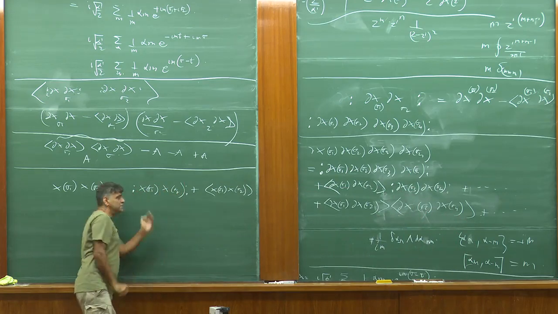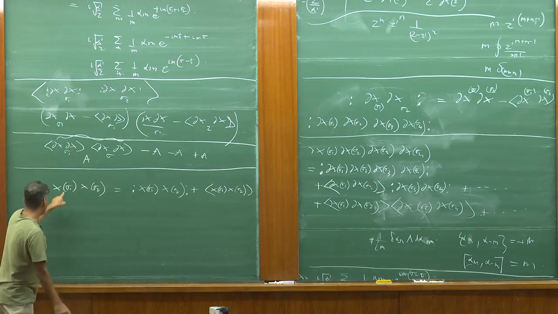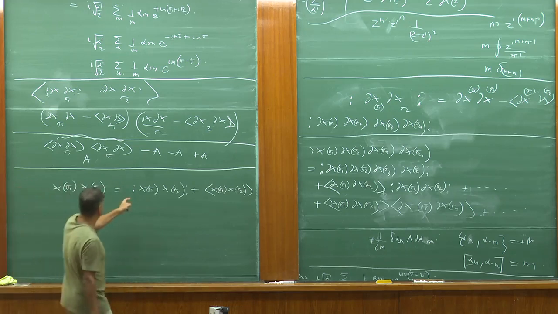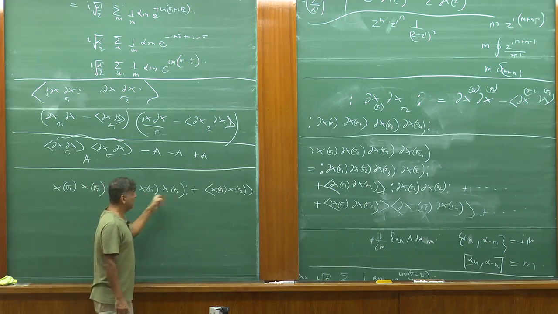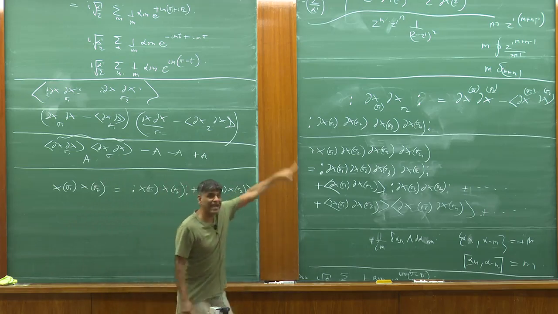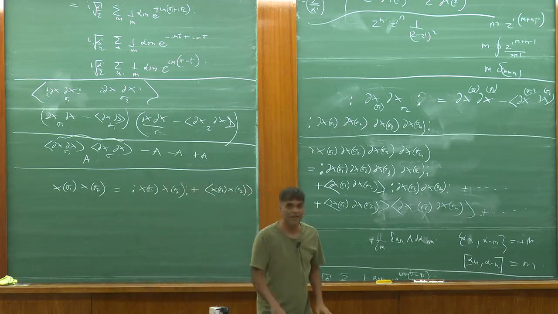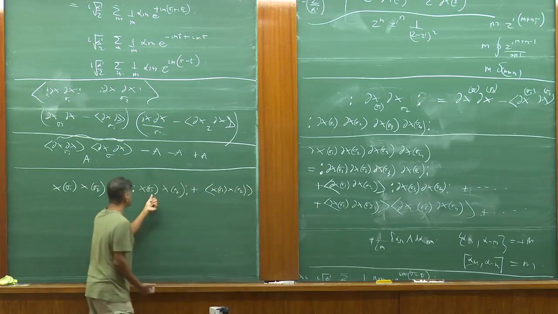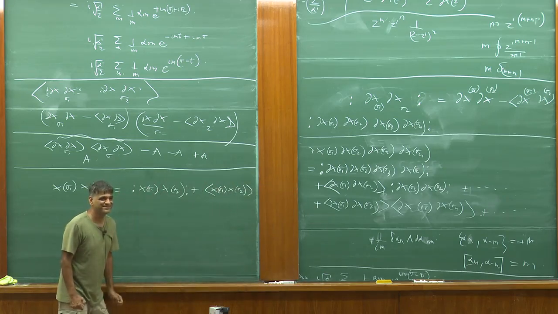Okay? So if we take the OPE of x of sigma 1 with x of sigma 2, that OPE is very simple. It's this normal ordered operator plus this. This was the 2-point function we calculated up there. That was singular. But this guy is completely non-singular when sigma 1 approaches sigma 2.